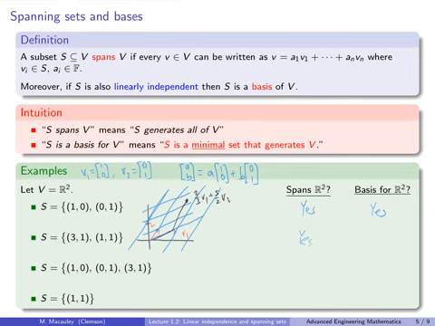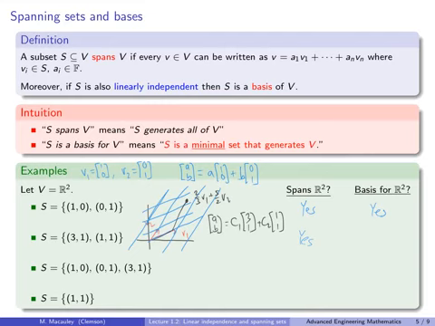Now if you want to be more formal about this, or more algebraic, what does it mean to span? That means any vector (a, b) can be written as some number c1 of (3, 1) and some number c2 of (1, 1). So it spans if, for a fixed a and b, you can always find a c1 and c2 that work.